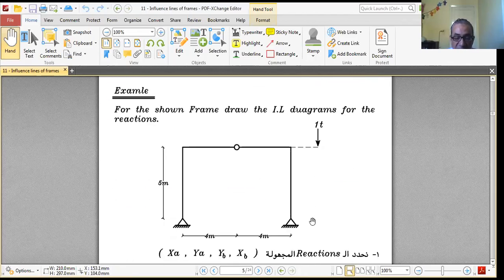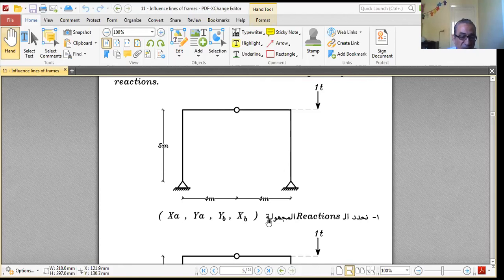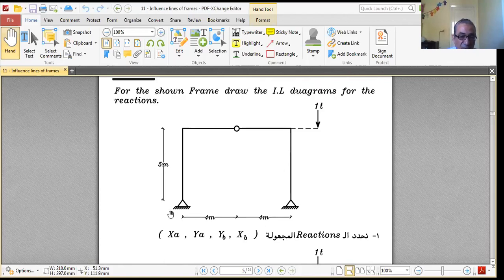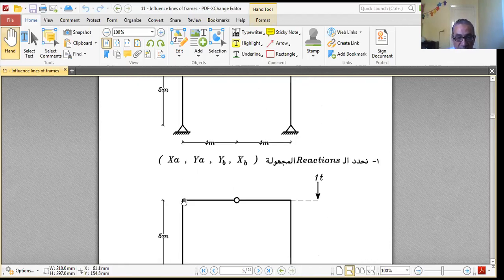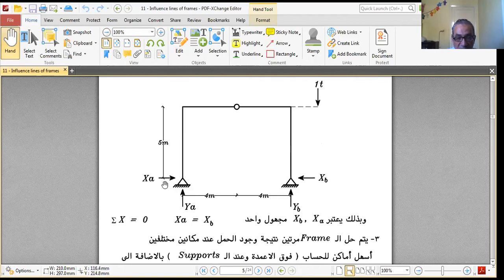Same as the previous frame, but instead of a roller on the right, we have a hinge on the right and an intermediate hinge on the top, so it became a 3-hinged frame. And we want to calculate the influence lines of reactions XA, YA, XB, YB. So this is the frame with the reactions XA, YA, XB, YB.